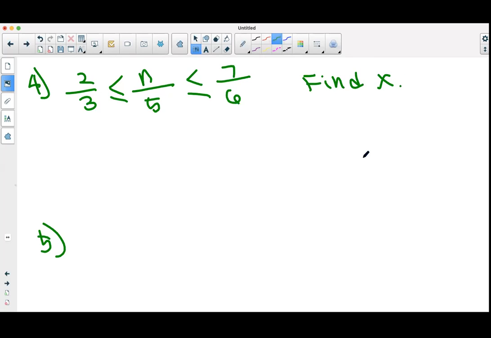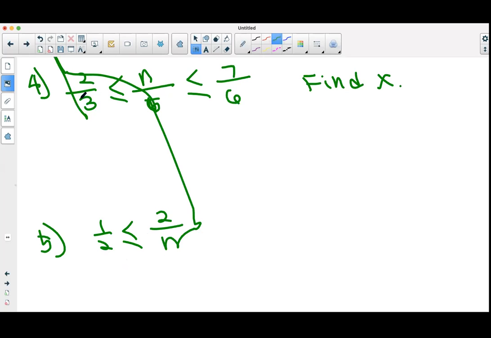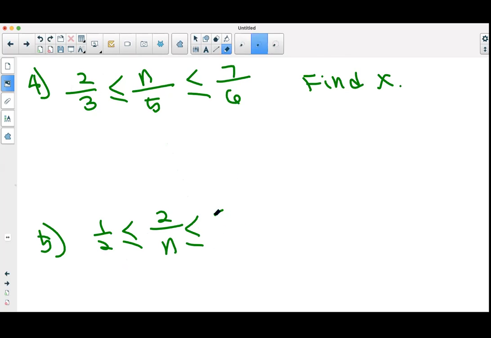And number 5: 1/2 is less than or equal to 2 over n, which is less than or equal to 5 over 3. I want you to find n.